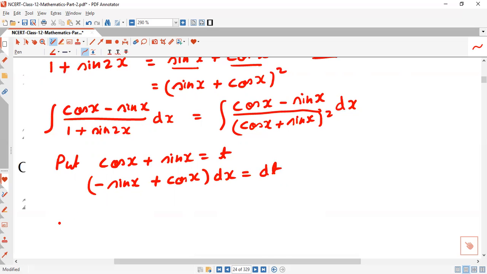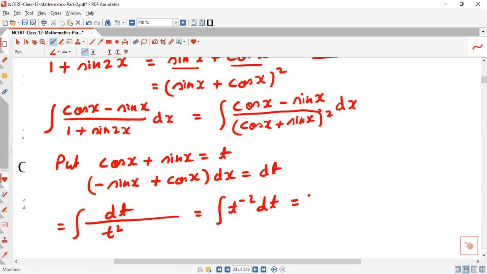So this integration becomes, if you put in the limit, cos x plus sin x in the denominator as t square. In the numerator, cos x minus sin x multiplied by dx will be dt. Simplifying, you get t raised to minus 2 dt. Integrating, you get t raised to minus 1 upon minus 1 plus some constant c, which is minus 1 upon t plus c.